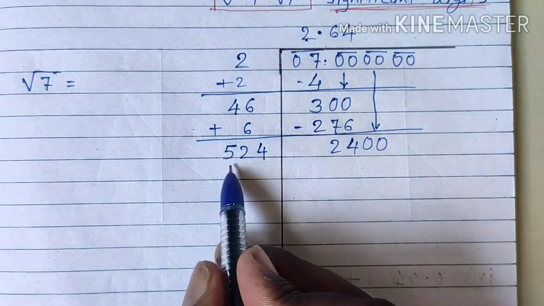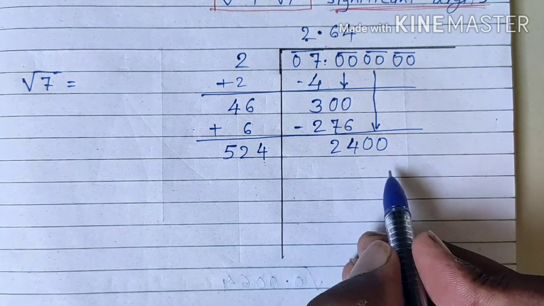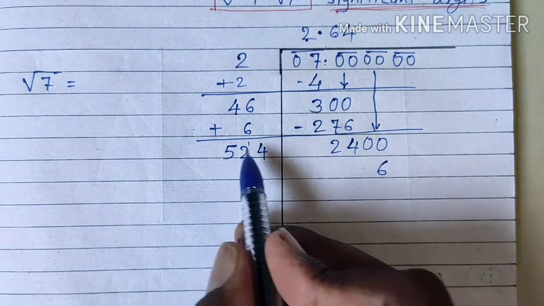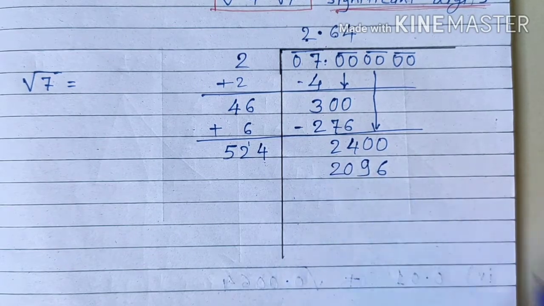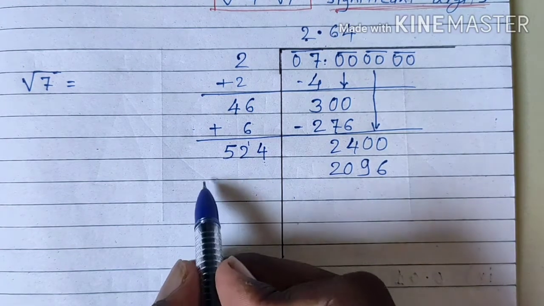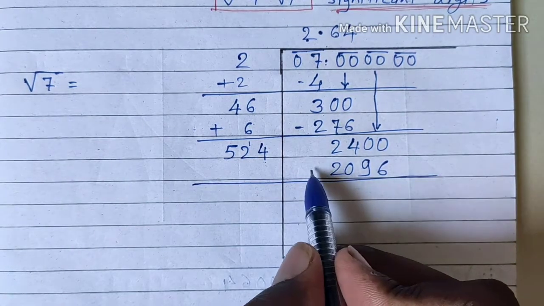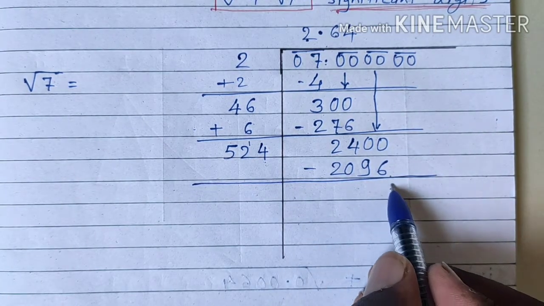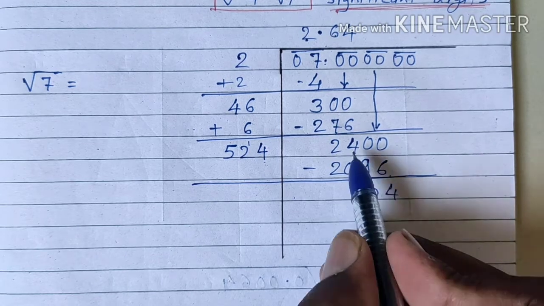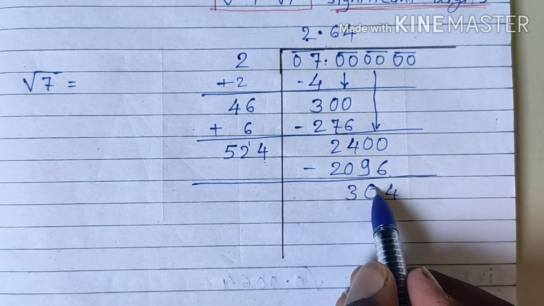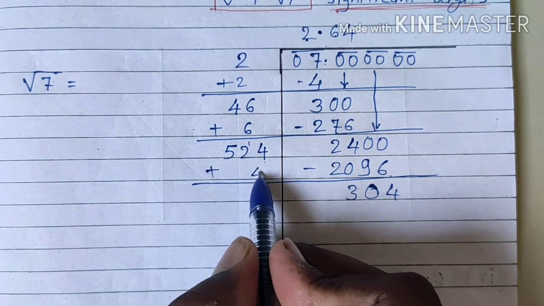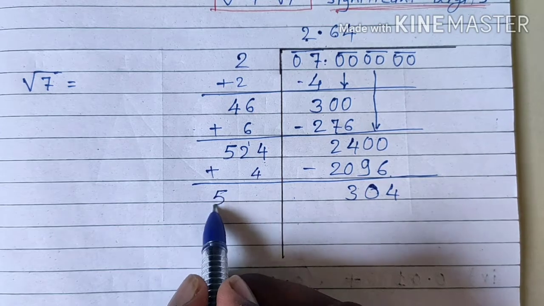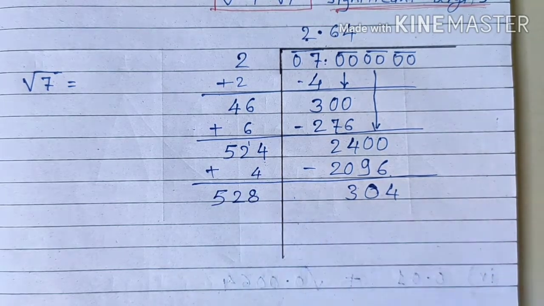When we multiply 524 by 4, 4 4s are 16, 1 carry, 4 2s are 8 plus 1, 9, and 4 5s are 20. Then subtraction: 10 minus 6, 4, 9 minus 9, 0, and it is 304. Add the 4 in it. What are we getting? 528. Right?